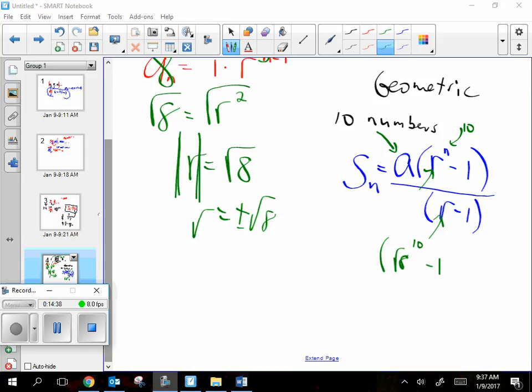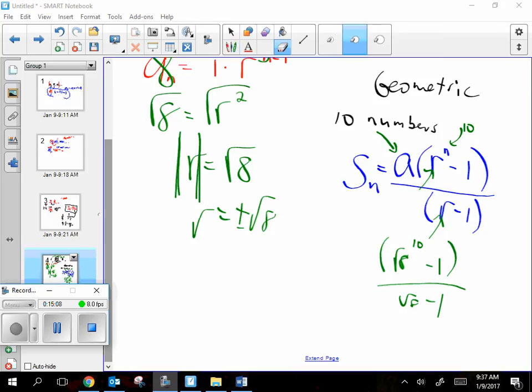I know you don't know what the square root of 8 to the 10th is. I don't either. I could say that this is 8 to the 1/2 to the 10th, which is the same as 8 to the 5th. Anyway, that one still, I don't know what 8 to the 5th is. It's huge. But okay, and then that's all over r, which is square root of 8 minus 1. And this is a 1 times because we started with a 1.